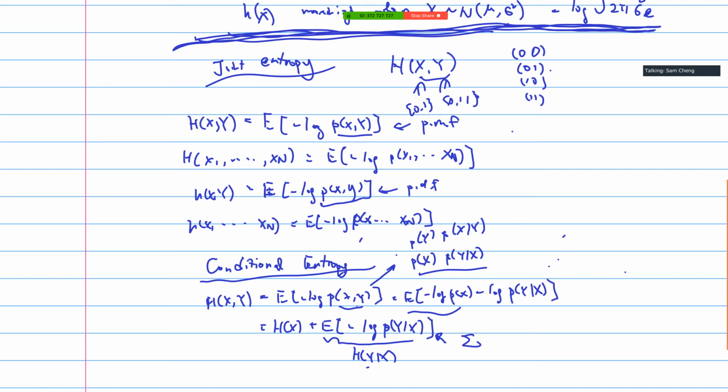I start with x and y both being random variables, and I just do a simple expansion of the log, writing p xy as p x multiplied by p y given x. So all my y and x here are still random variables. Therefore, this is a sum over both x and y when I expand this, so it's the sum of p xy log p y given x, something like that.